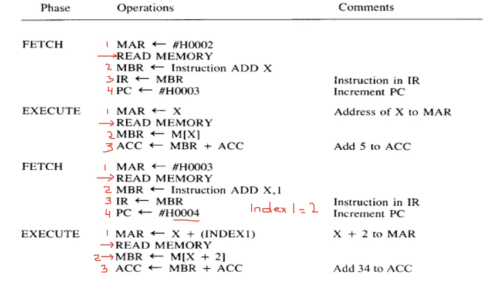We have stored index register 1 with the value 2, so this value will be added to x. It will be in the form of x plus 2. So x plus 2 will be the new address and it will be shifted to the memory address register. So in step number 1, the address of x plus 2 will be moved to MAR.